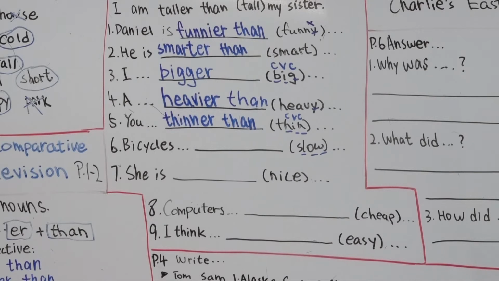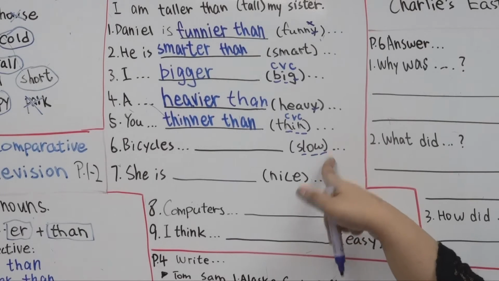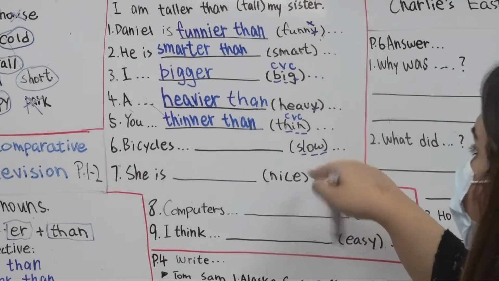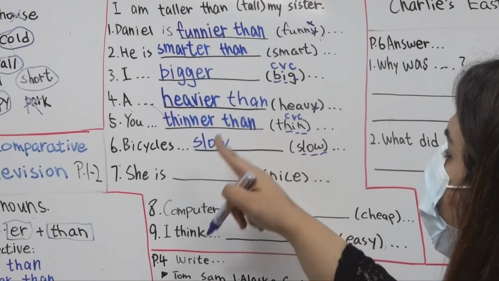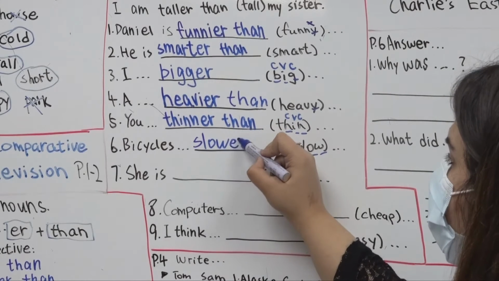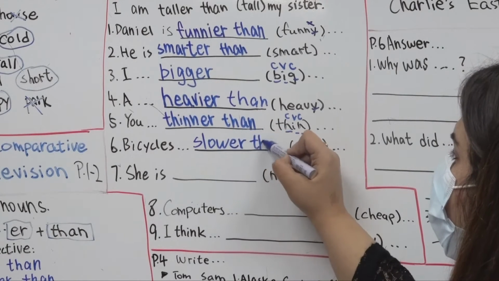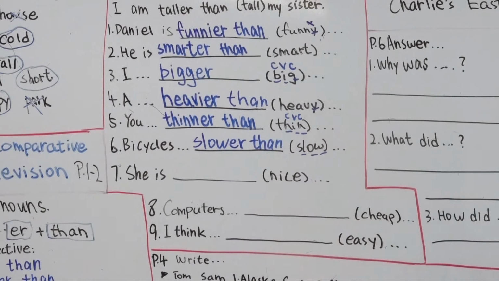W, X, Z cannot be doubled, okay? So please do not double the letter W. Slow becomes, we don't change. Instead, we just add ER and then than. Okay? Bicycles are slower than cars.